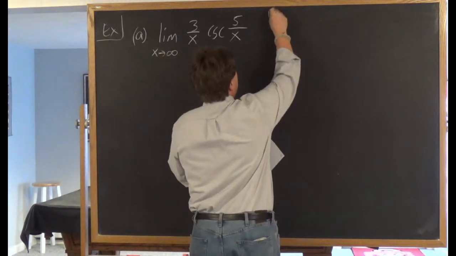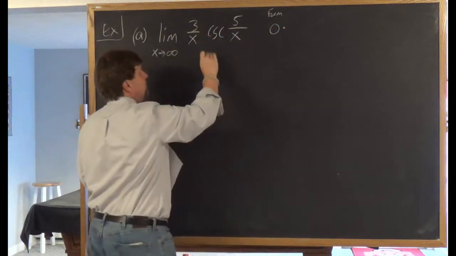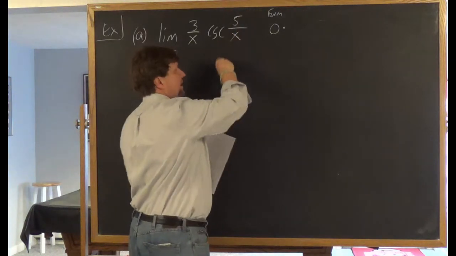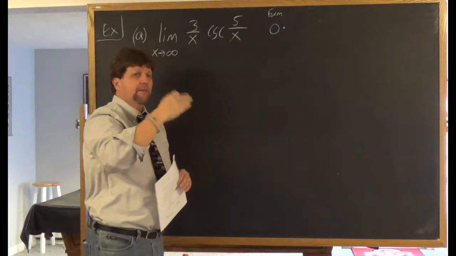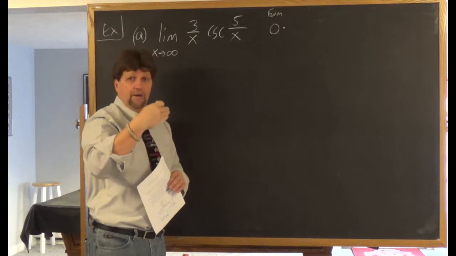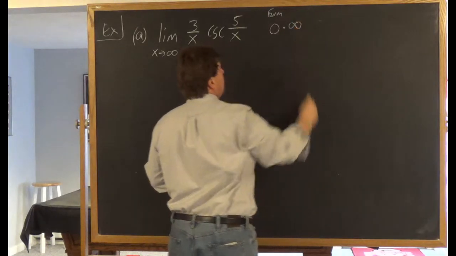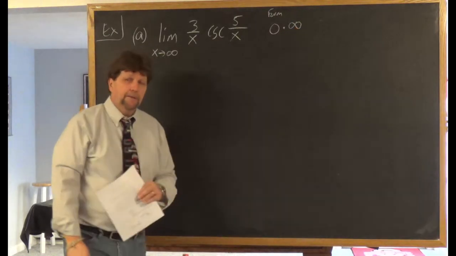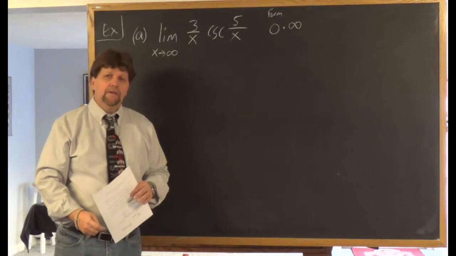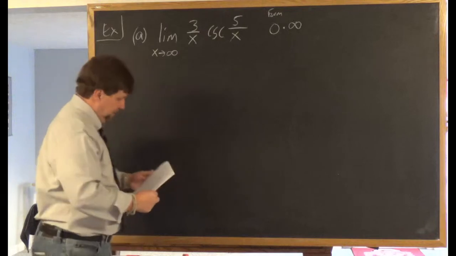So the form is 0 times, well, remember there's a vertical asymptote at x equals 0 for the graph of cosecant. So that means the form is 0 times infinity. Cannot take this to the hospital. It's not sick enough yet. We have to get into the right form to go to the hospital.